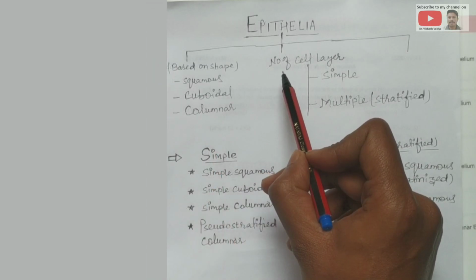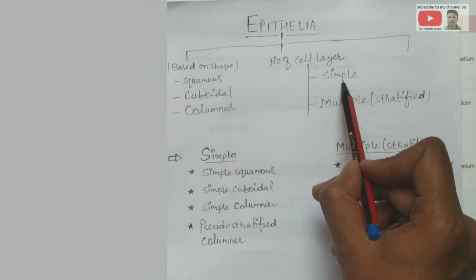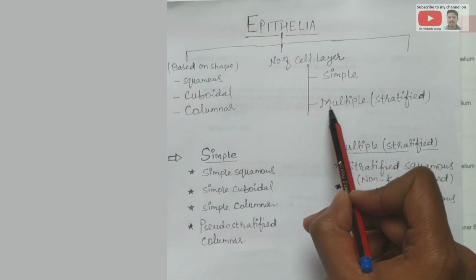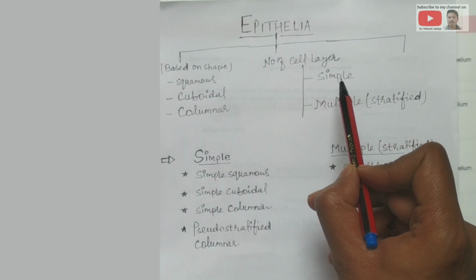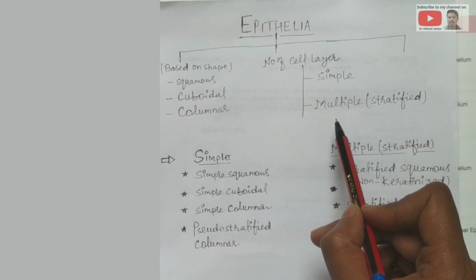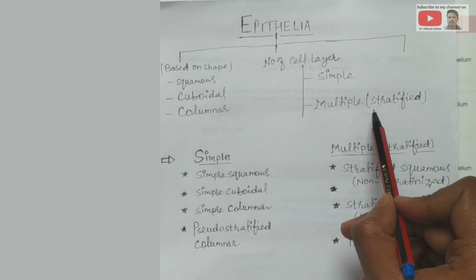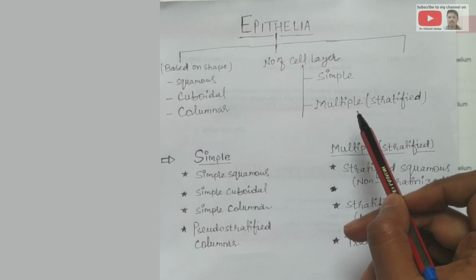According to the number of cell layers, they are divided into simple and multiple. In the simple, there is a single layer of cells resting on the basement membrane, and in the multiple or stratified, two or more layers of cells rest on the basement membrane.